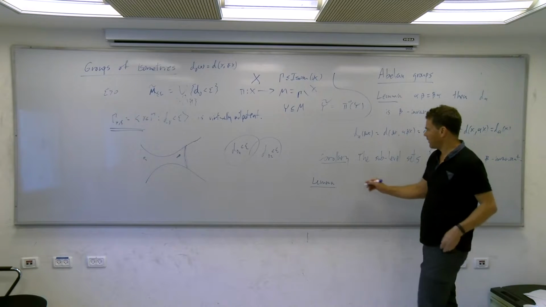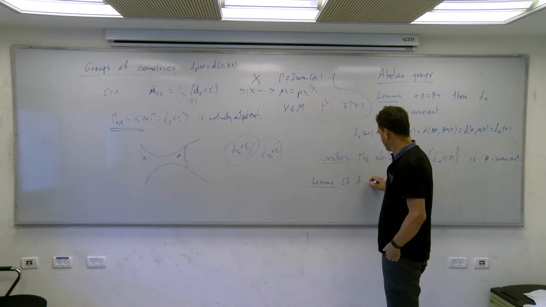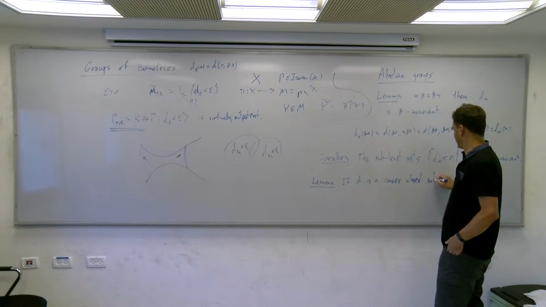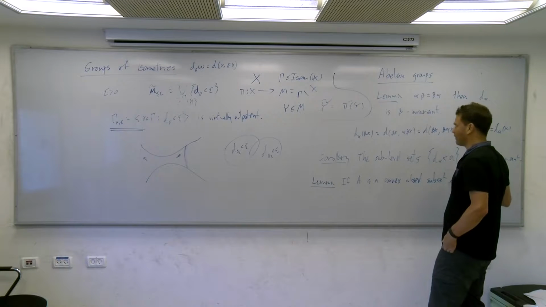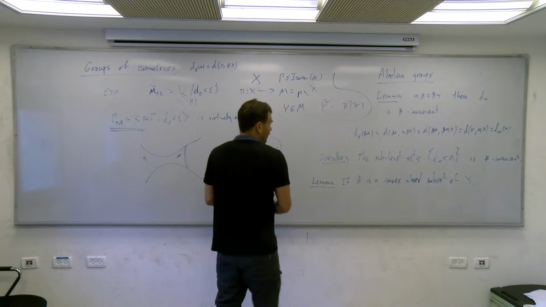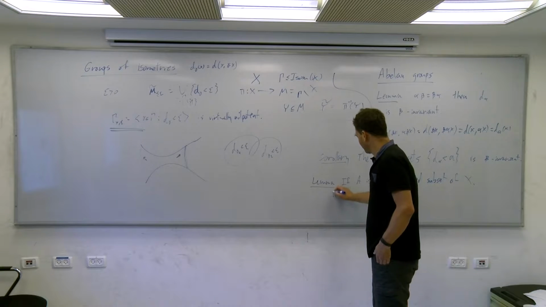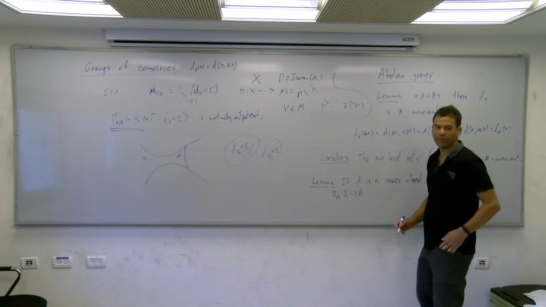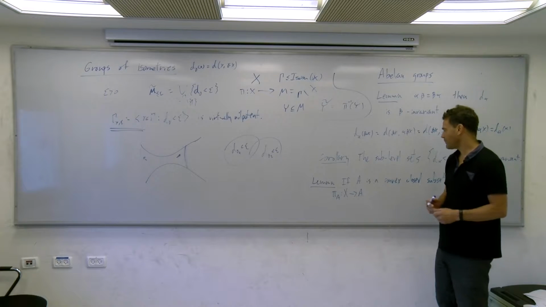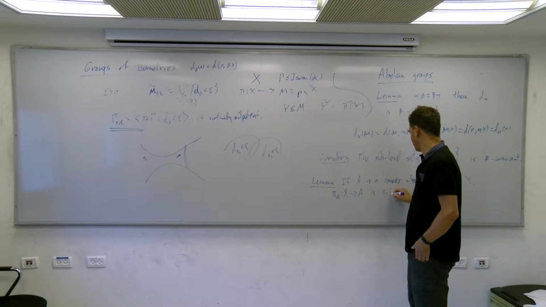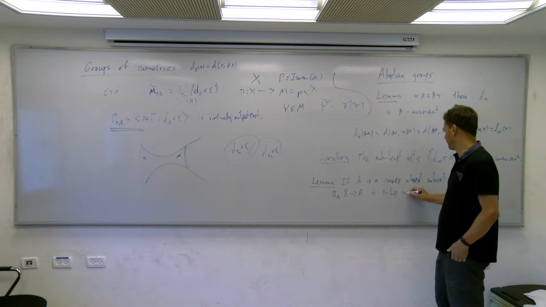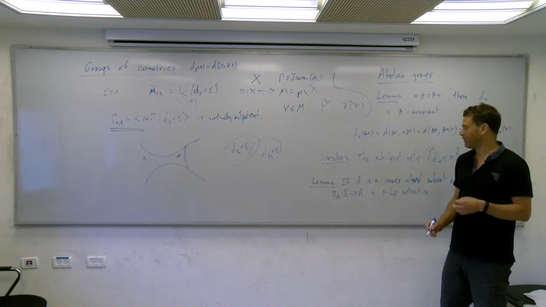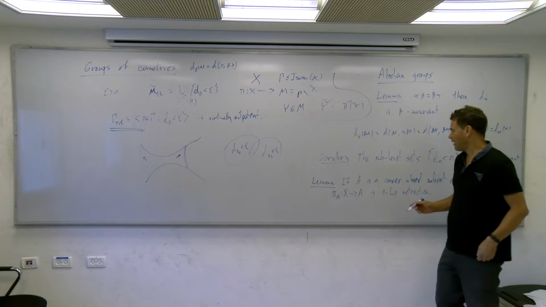If A is a convex closed subset of X, where X is a Hadamard space, a non-positively curved space, then there is the nearest point projection pi_A from X to A. It is a one-Lipschitz map, a contraction, a one-Lipschitz retraction from X to A. For any point in X, there is a unique point in A which is nearest.